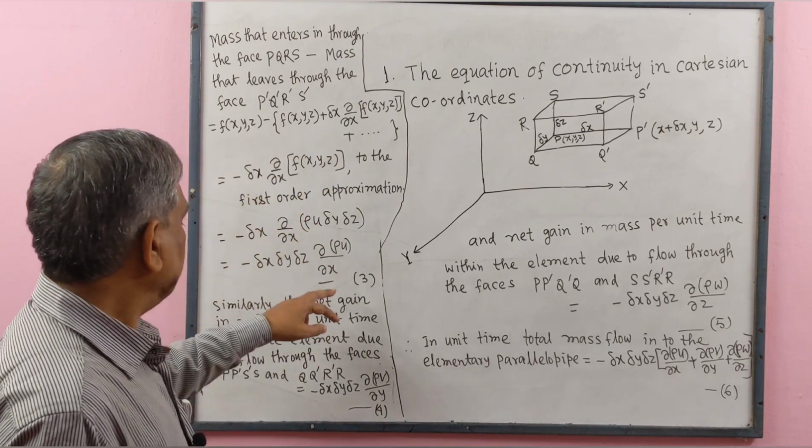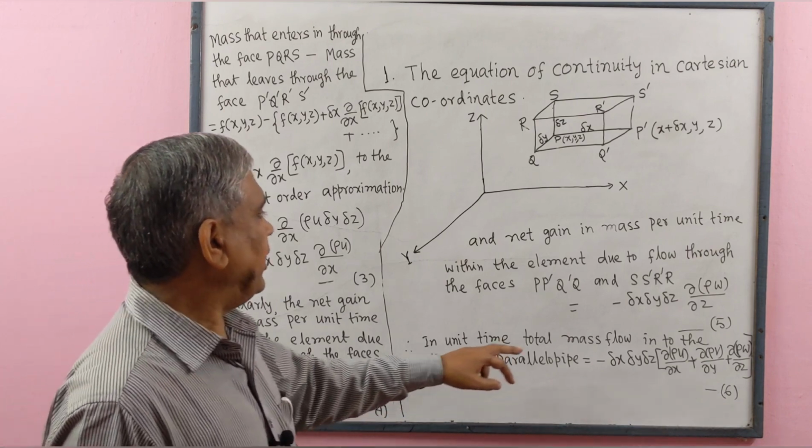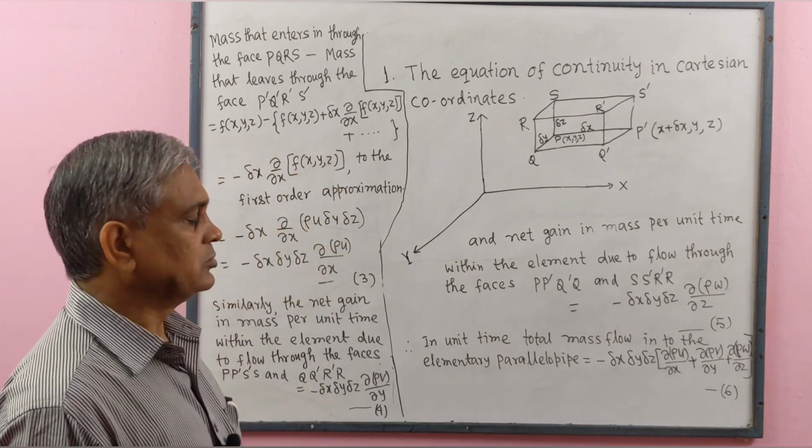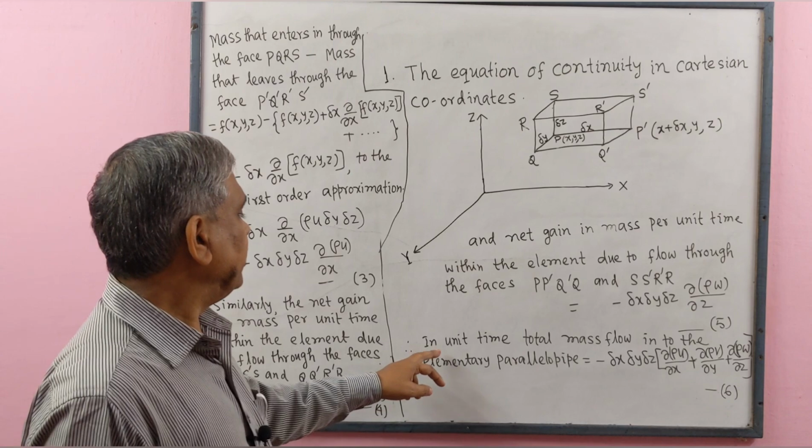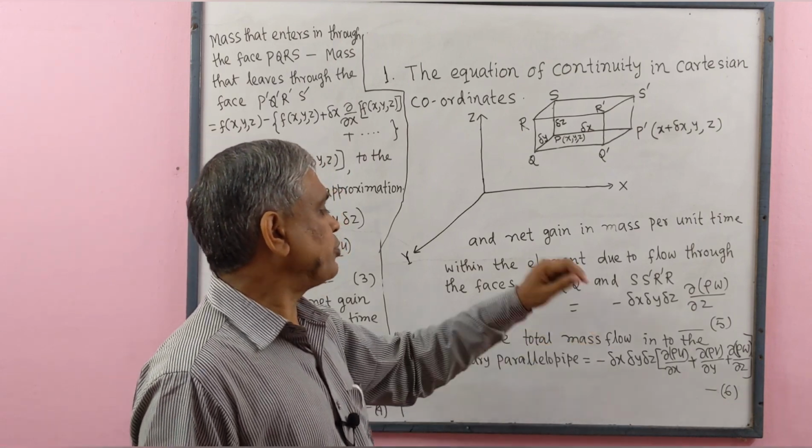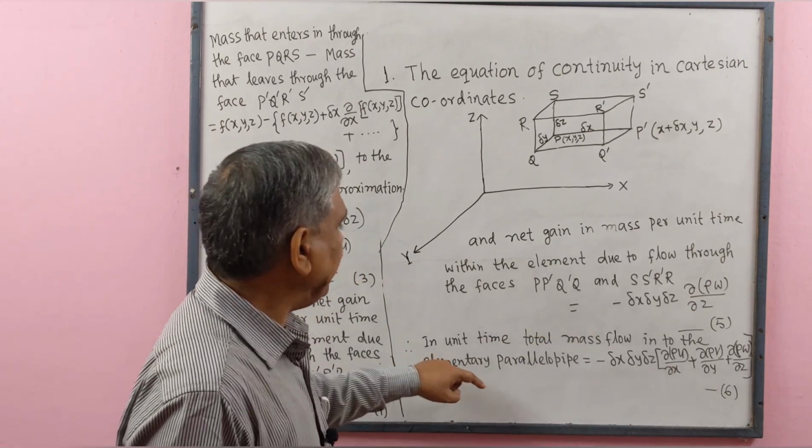Taking 3, 4 and 5, we get in unit time the total mass flow into the elementary parallel pipe.